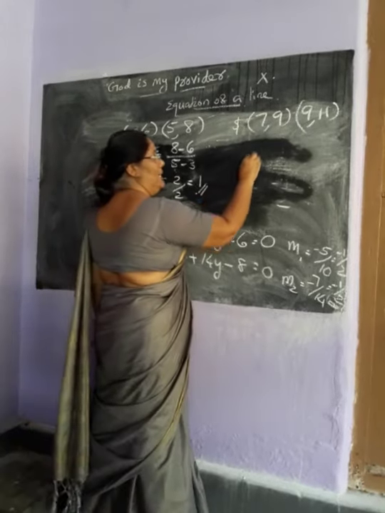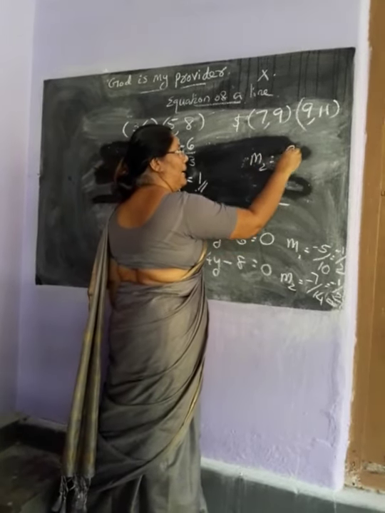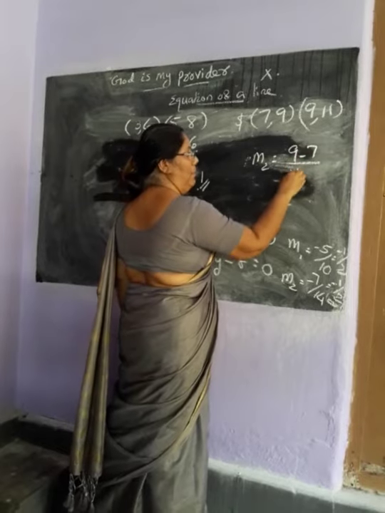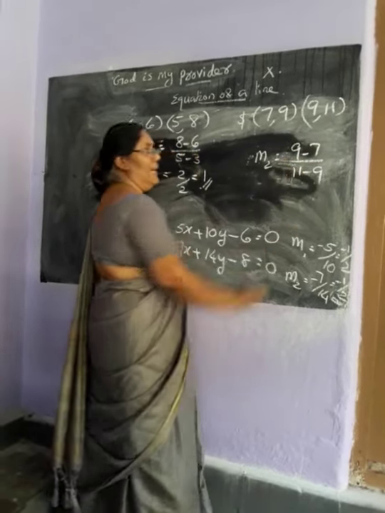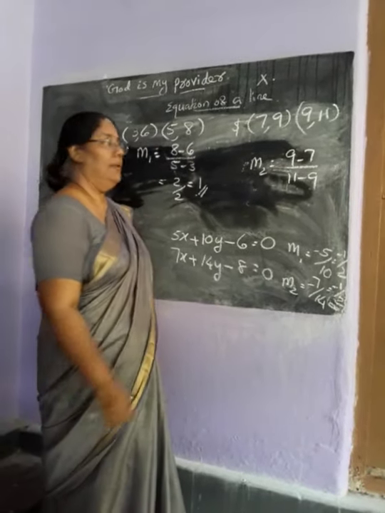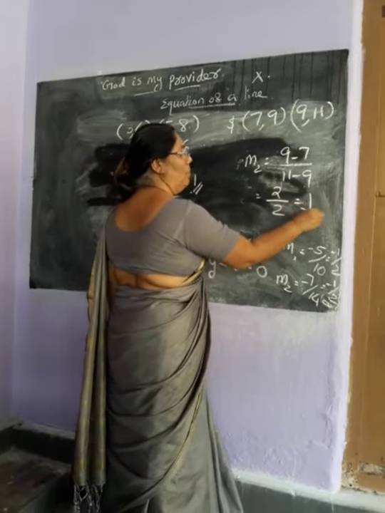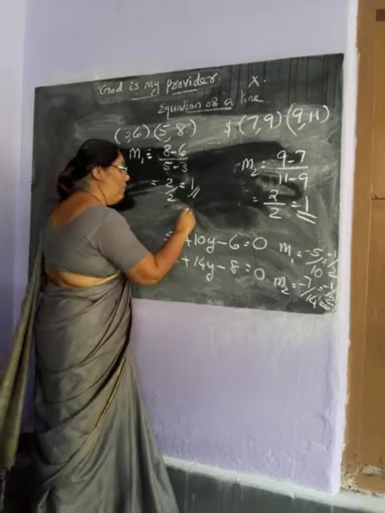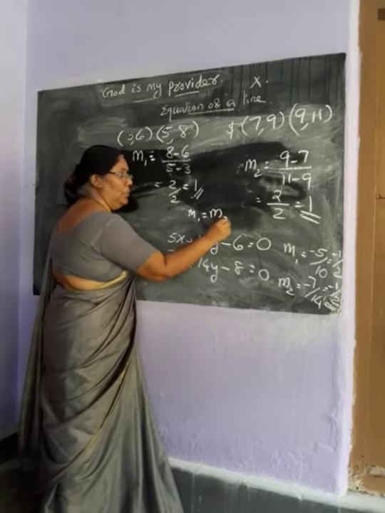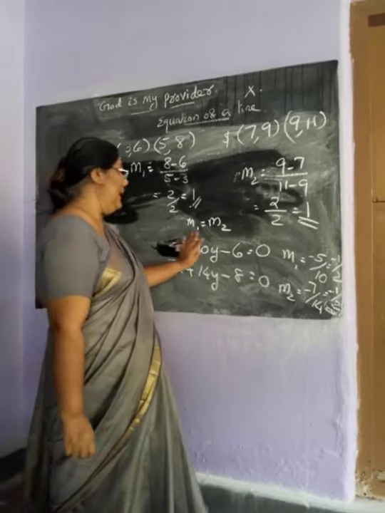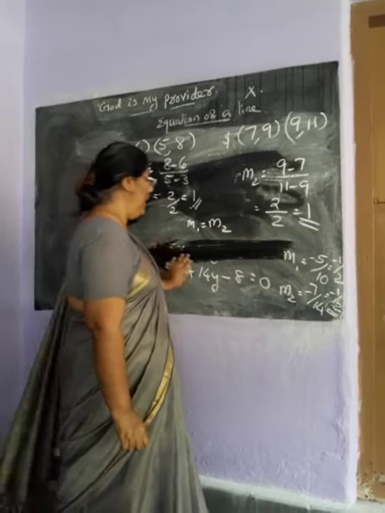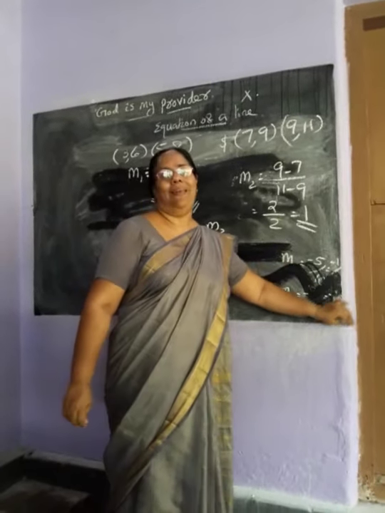Here also, what is m2? 9 minus 7 by 11 minus 9. What is 9 minus 7? That is equal to 2 by 2, which is also 1. If m1 equal to m2, then we can say that these two lines are parallel.